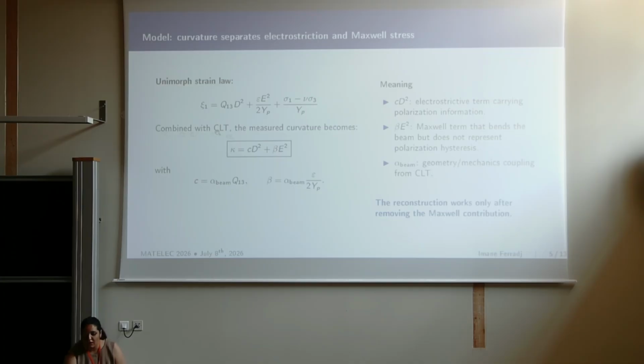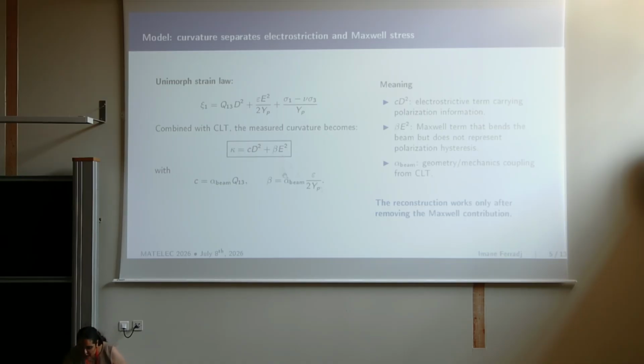And this is the classical mechanical term. So combined with the classical laminate theory, since we have a composite material, we can write the curvature as a term that directly links to the polarization, where C is defined by a term related to the geometry of the actuator, called alpha beam, multiplied by the electrostrictive coefficient, and the second term, which represents the Maxwell effect, which, if not accounted for, makes the obtained hysteresis loop contaminated or overestimated.